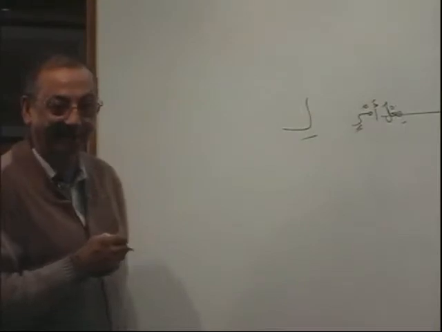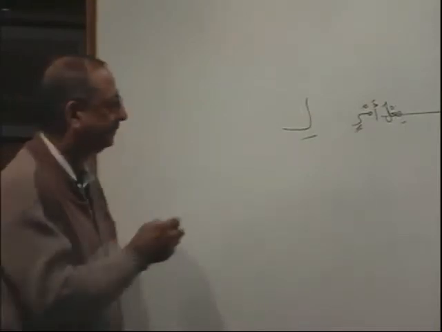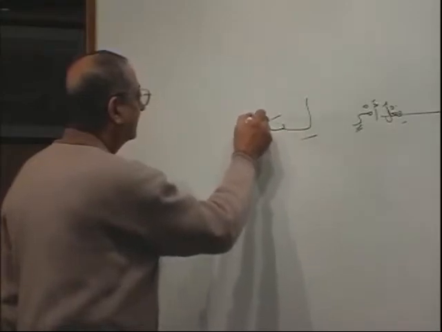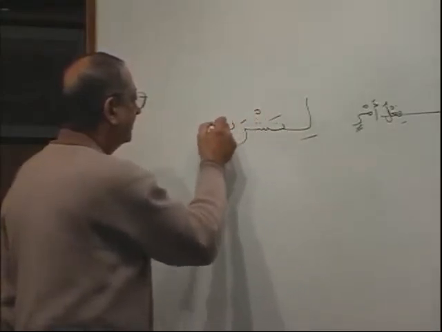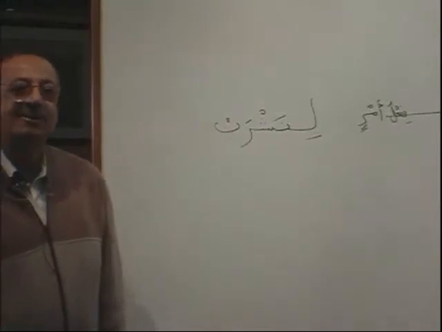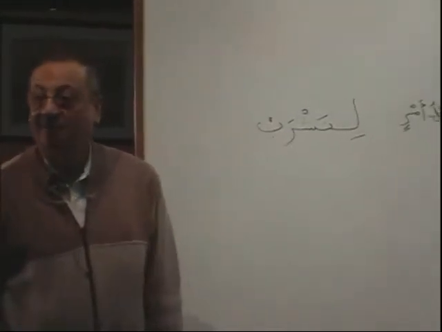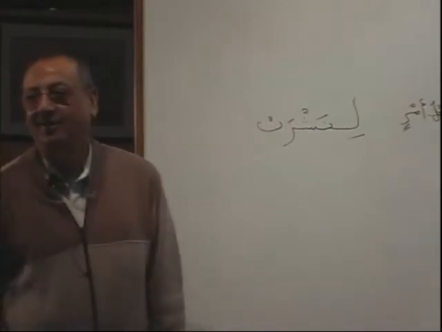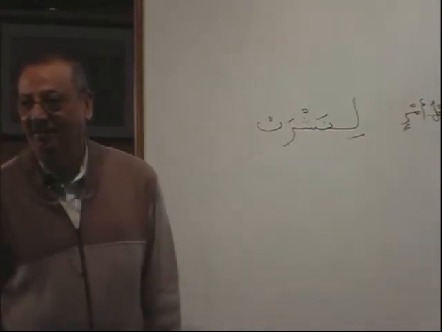So what is it, brothers and sisters? Li. What does it mean now, Li Nashrab? We must drink now, or let us drink, or we should drink. Are you with me?